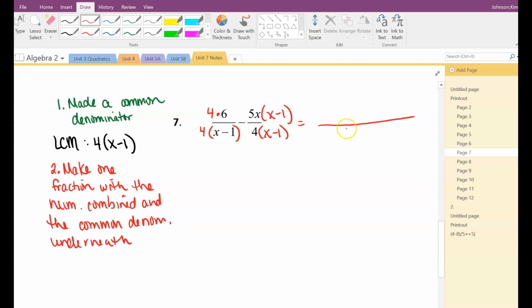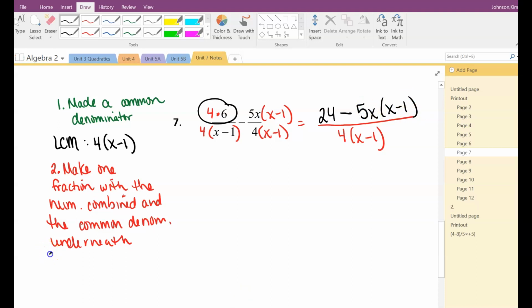Right? So this is what I have in the denominator. The common denominator is 4 times x minus 1. In the numerator, I have the expression 4 times 6, right? So that's 24 minus 5x multiplied by x minus 1.